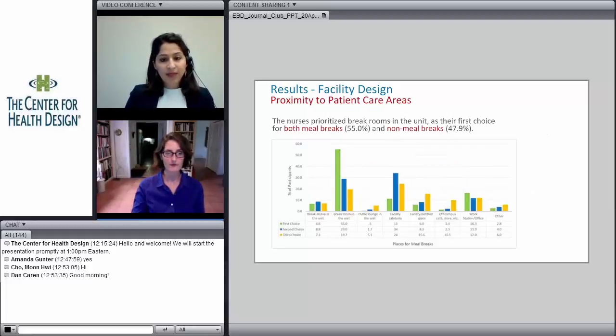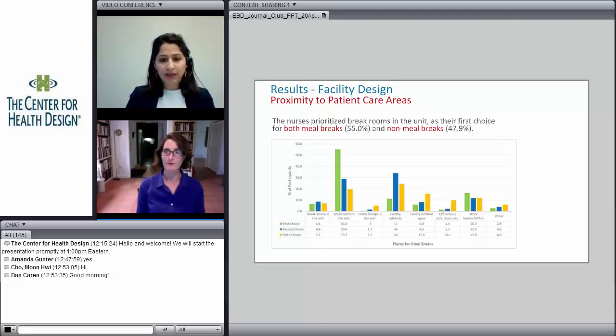So again, proximity, when we asked them about their preferences for spaces to take a break, the most preferred space was their break room in the unit, as their first choice for both meal break and non-meal break.